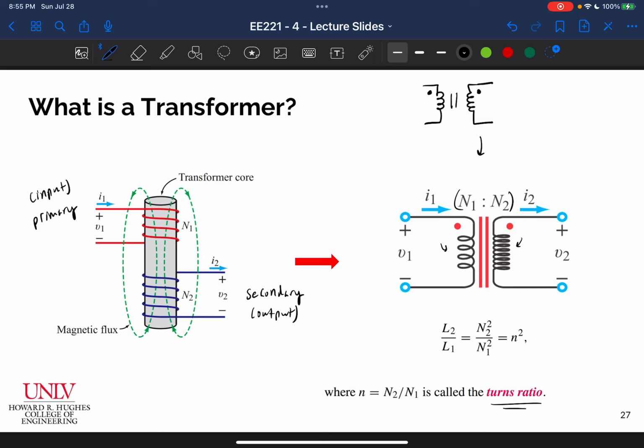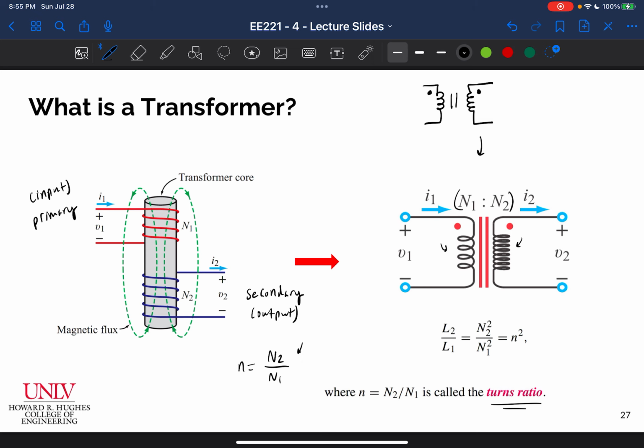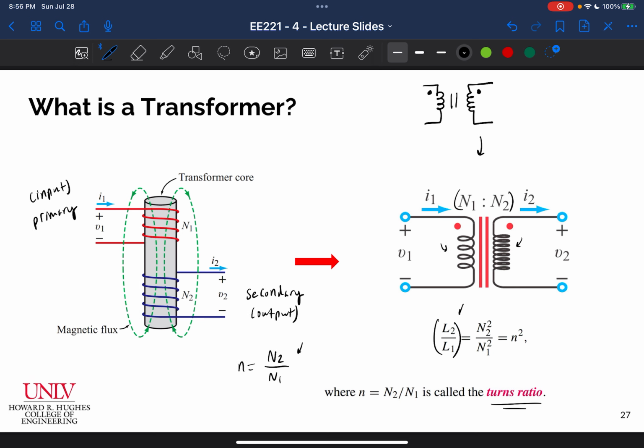Basically, N is the turns ratio, and it's equal to the ratio of the number of turns on the secondary to the number of turns on the primary. And this is going to be very important because this turns ratio will not only tell us the ratio of inductances, so from the turns ratio we can get the ratio of these two inductors, and vice versa. If we have the value of the two inductors, we can easily determine the turns ratio from this equation right here.